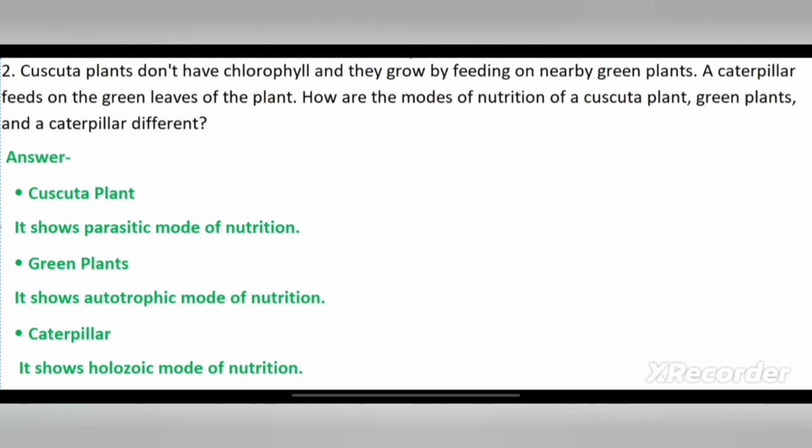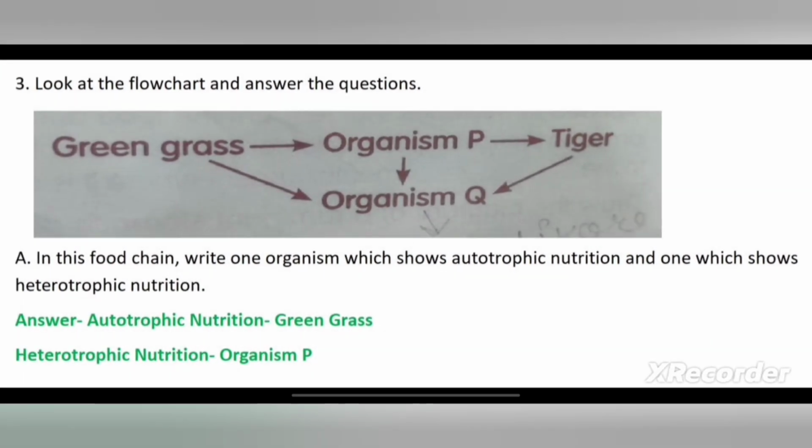Now let's move to question number 3. Question number 3 is, look at the flow chart and answer the questions. This flow chart is given in your book itself, in the PQ's box. You can see from there also. So let me explain this flow chart to you.